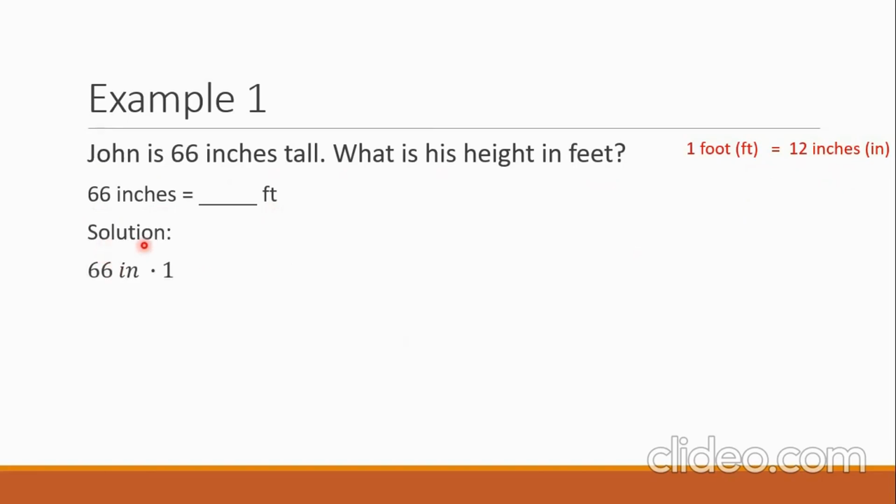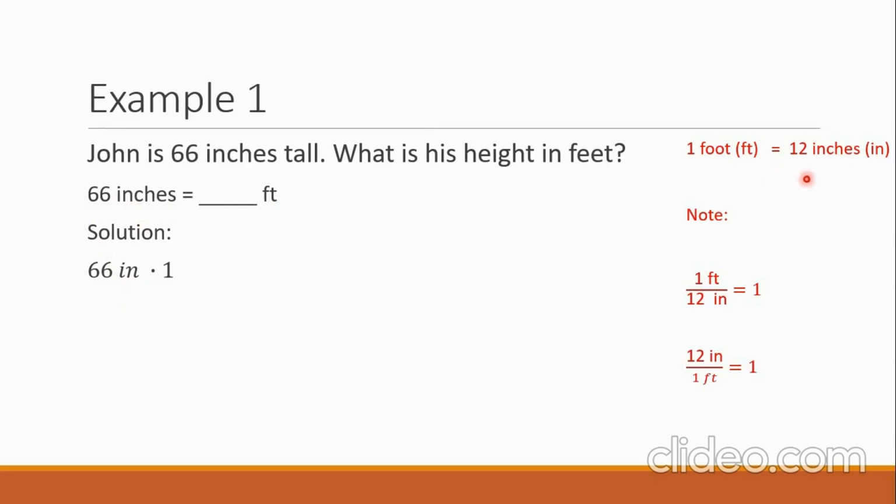So for our solution, we're going to write again the problem. We will use now our abbreviation. For the inches, it is IN multiplied by a value equal to 1. Let us go on this side. From this equation, we say 1 foot equals 12 inches.